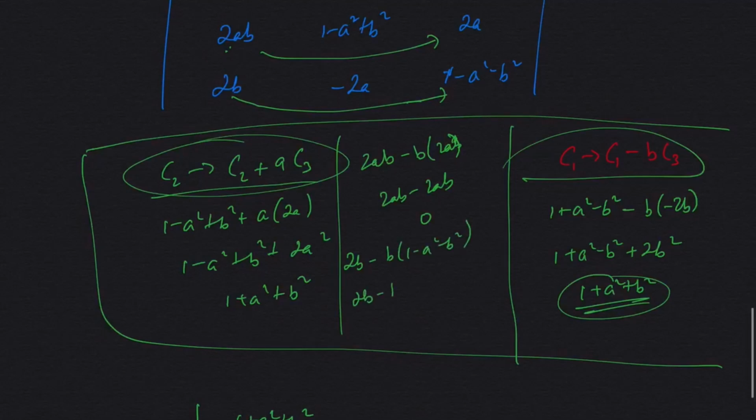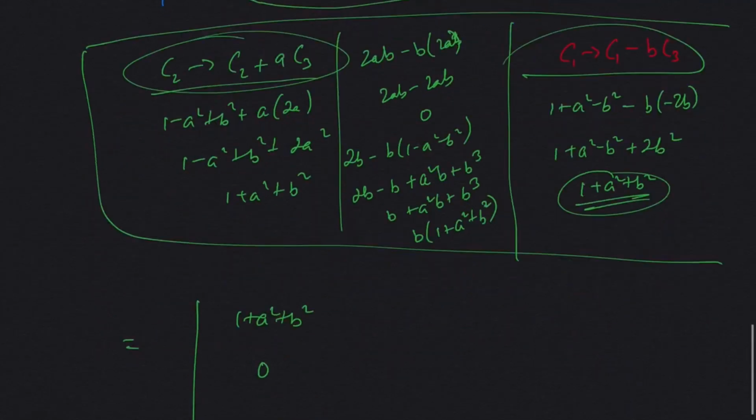2b minus b into 1 minus a square minus b square. So 2b minus b plus a square b plus b cube. So that will be b plus a square b plus b cube. If we take b common, 1 plus a square plus b square.